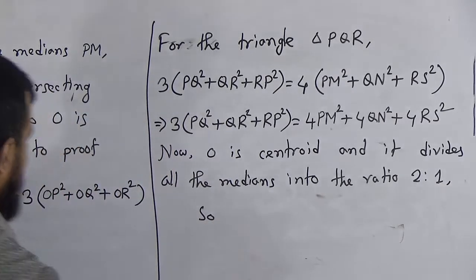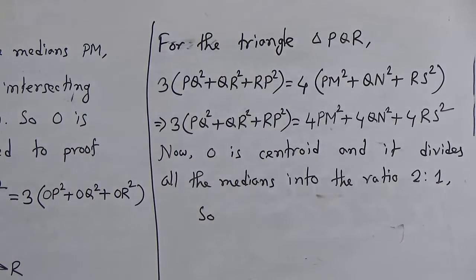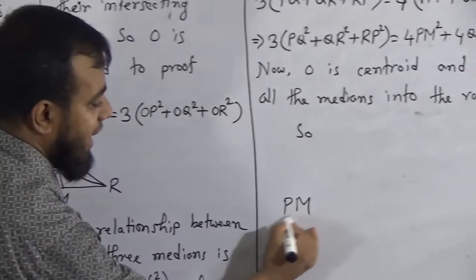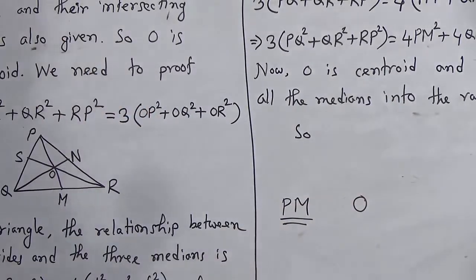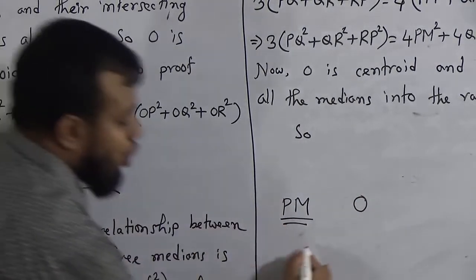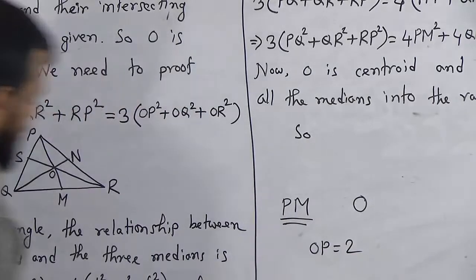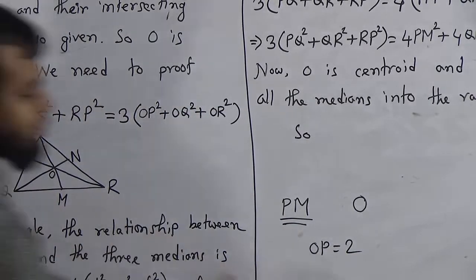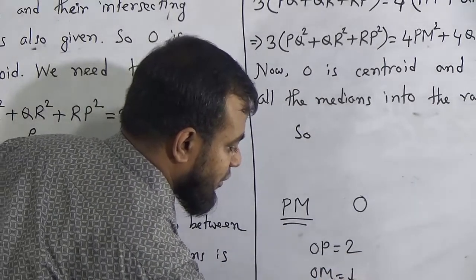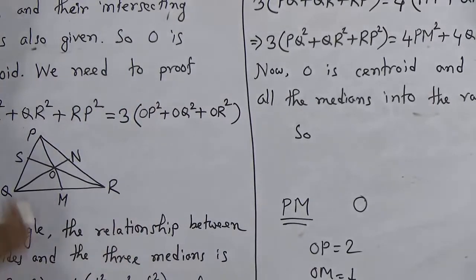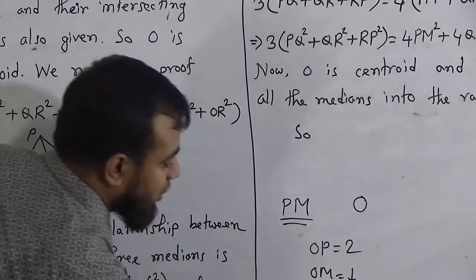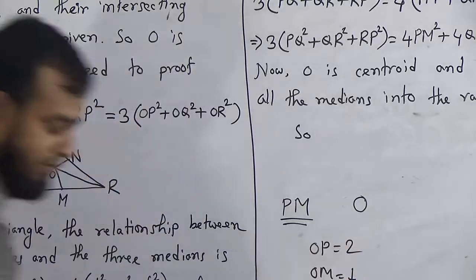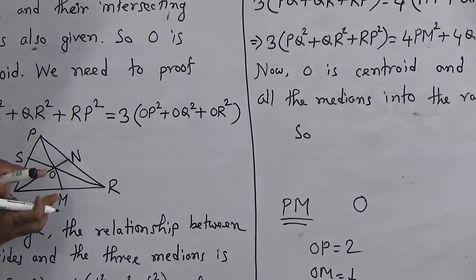So we can write from the figure, my dear students, it's very important: PM is a median, and at the point O it is divided into the ratio 2:1. That means OP is 2 portion and OM is 1 portion. If we take the total, PM is equal to 2 plus 1, equal to 3 portion.